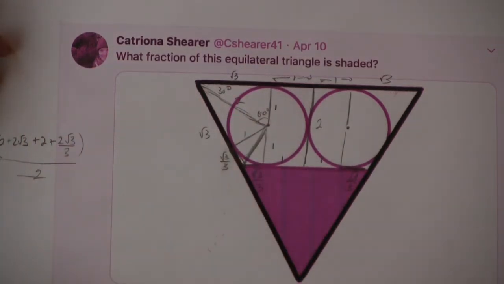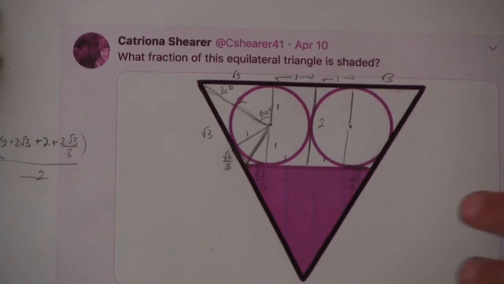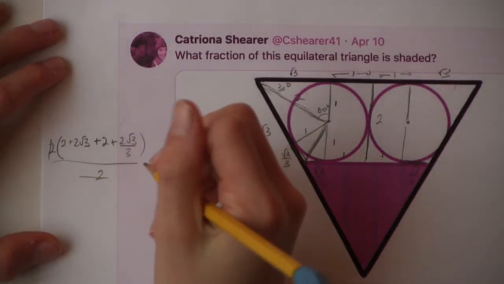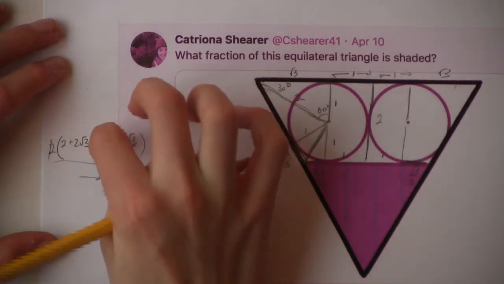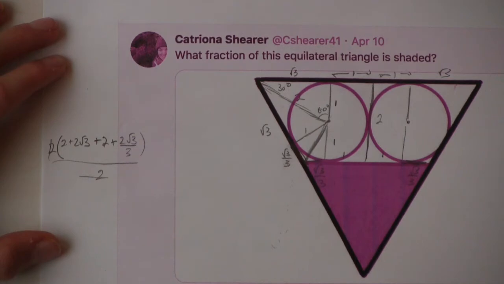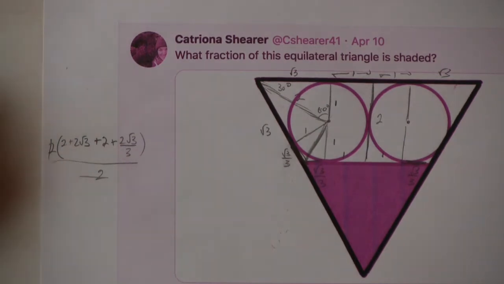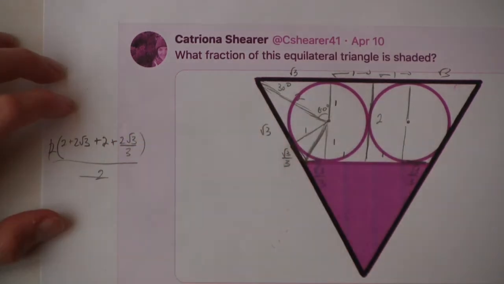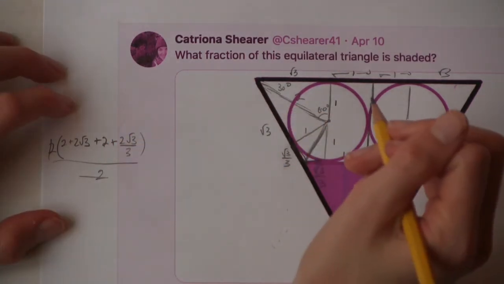If we multiply these terms by 3 over 3, we get a common denominator.